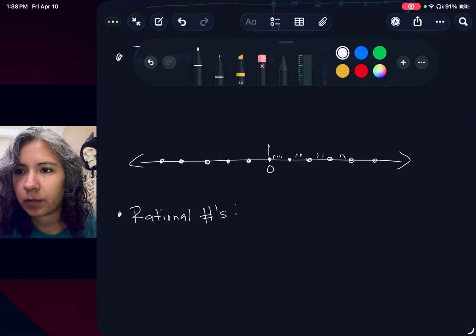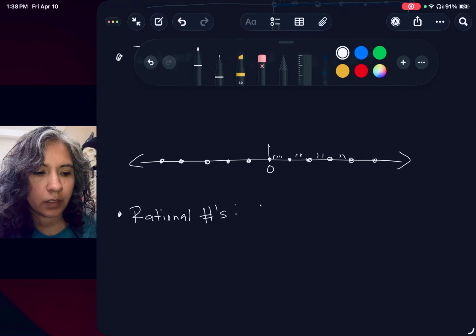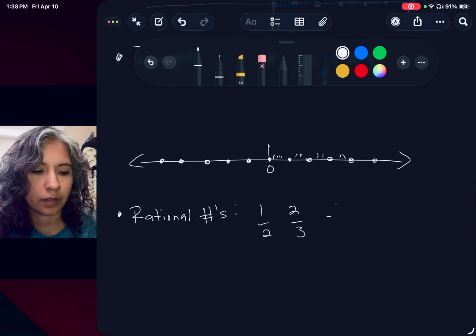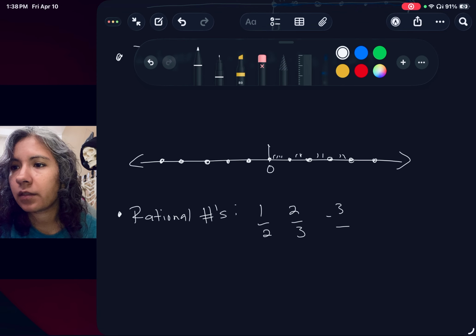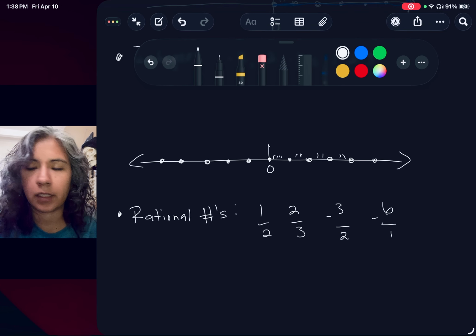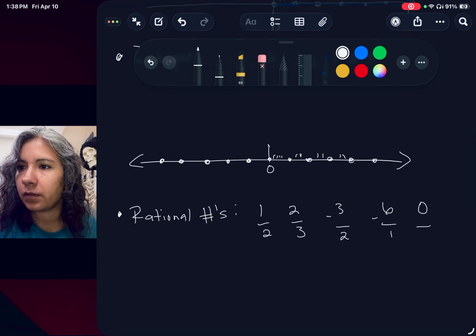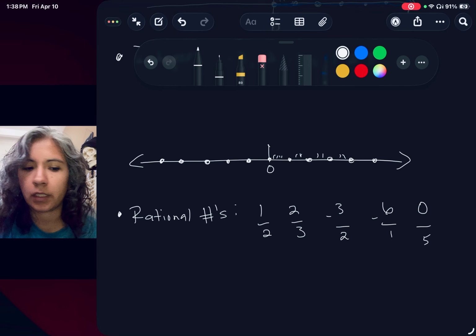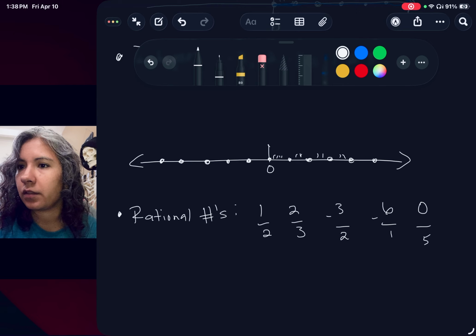Here are some examples. We have a half, 2/3, negative 3/2, -6/1, 0/5, and 4/1. These are all examples.